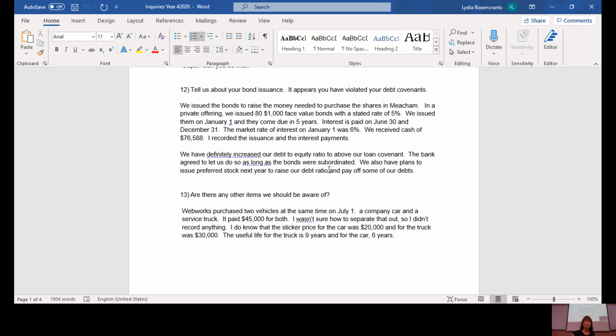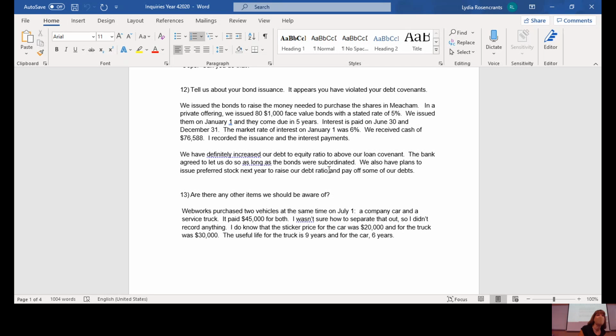We issued 80 $1,000 face value bonds with a stated interest rate of 5%. Okay, so what that tells me is that at the end of the life of the bonds, when I have to pay them back, I must pay back $80,000. Okay, that's for sure. So I can read into that.